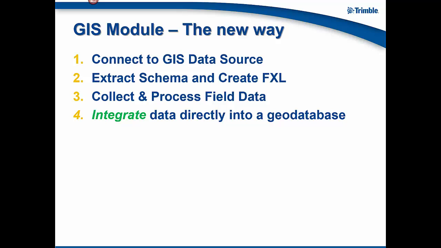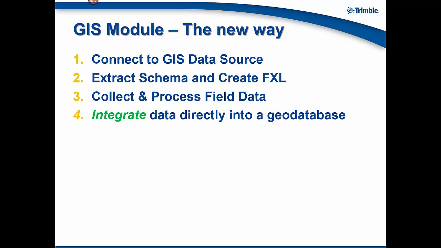The workflow looks like this. So first you connect to a GIS data source. Again, you connect to a file, enterprise, or shapefile data provider. Once you establish a connection, you extract schema and you create FXL. You may need to do some additional work where you can add your line control codes and symbology.